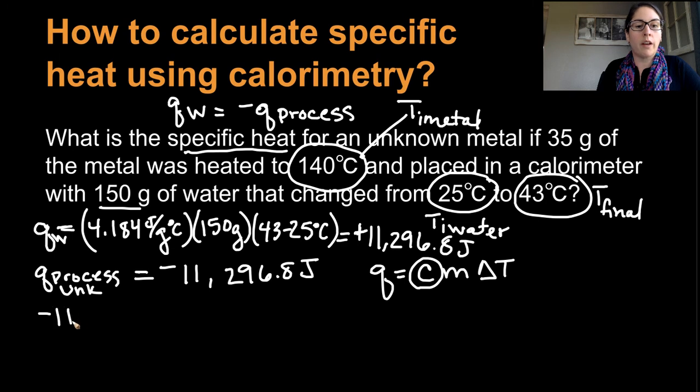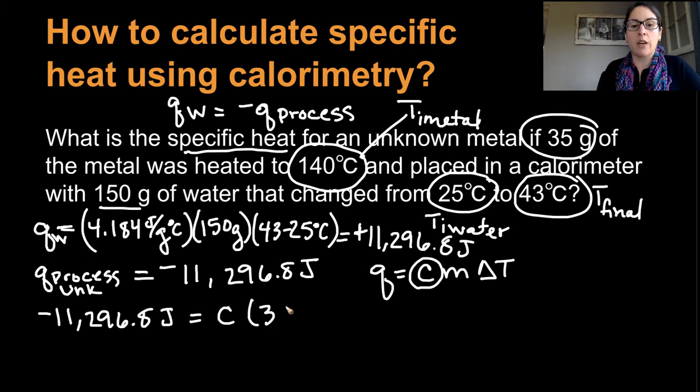Negative 11,296.8 joules is equal to C times the mass of our metal. So the mass of the metal has to go down here, and the change in temperature. So our final temperature was 43 minus the 140 degrees Celsius. That was our initial temperature of the metal.